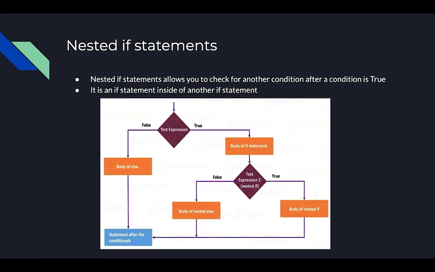You move on to the next if statement, which is inside this if statement, and then it evaluates whether that is true or false and does something. But if you go back to the first if statement and that evaluates as false, it skips over the entire if statement inside that one and then does whatever comes after. So it's a bit different than elifs, but it's kind of like the same thing.